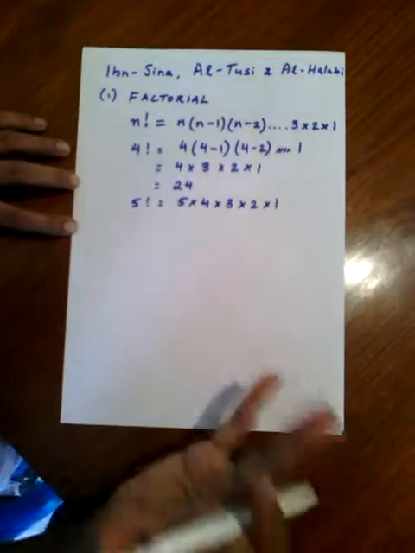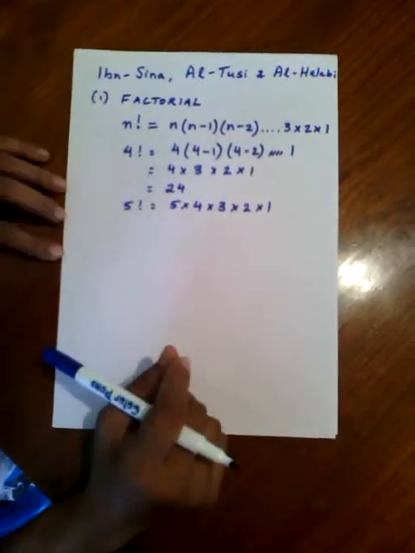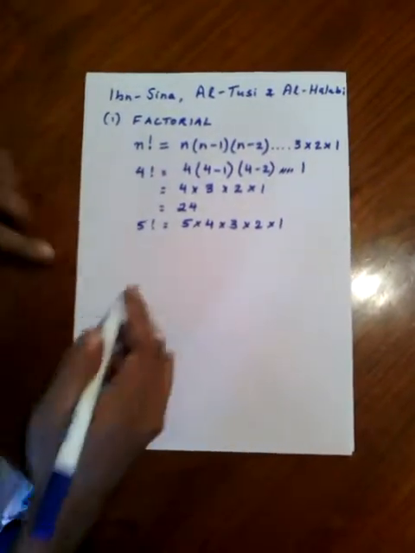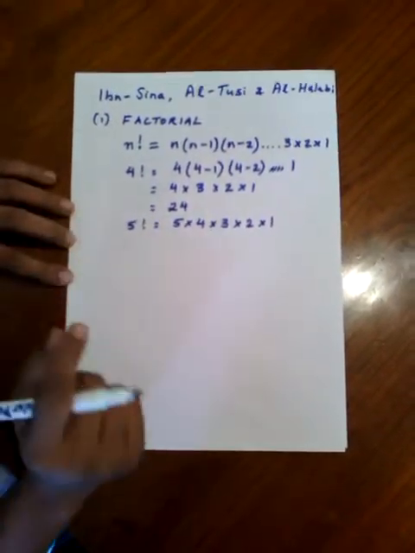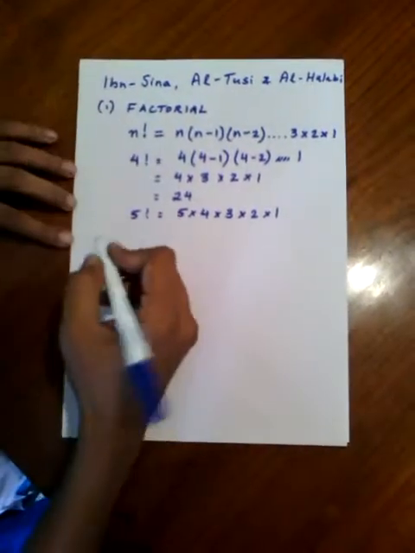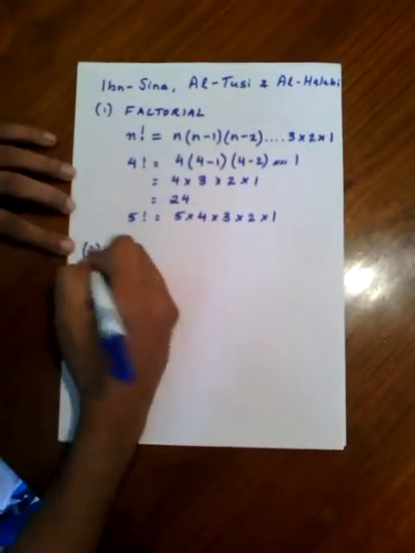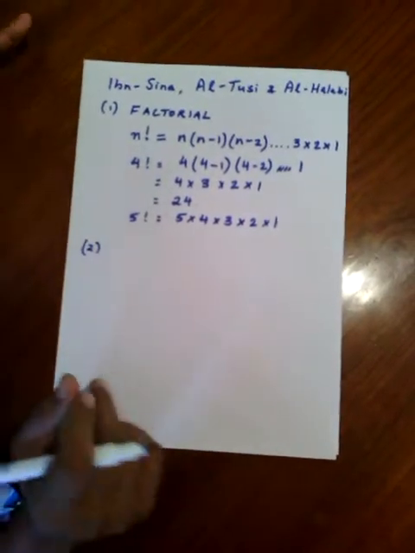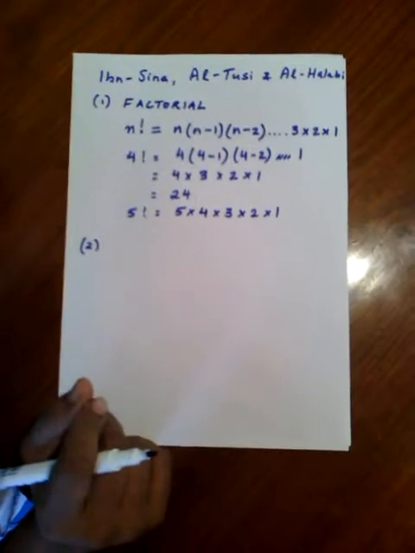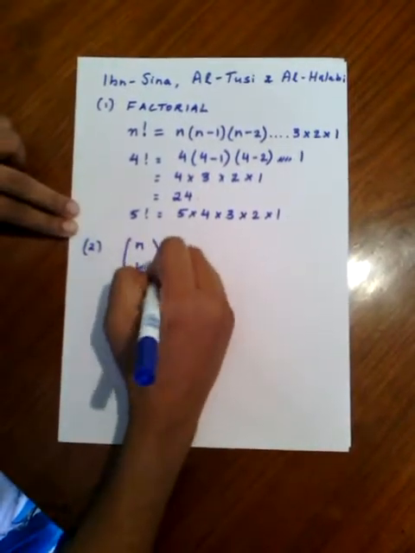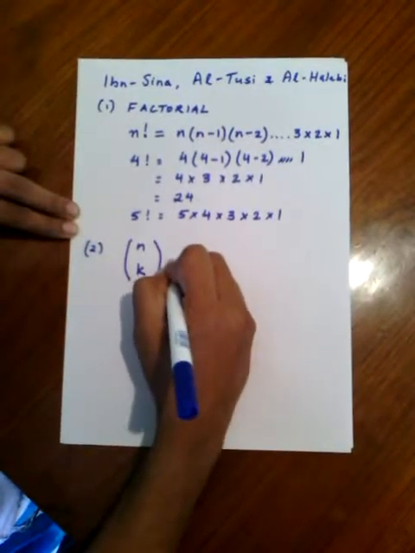So the concept of factorial arises in many places in mathematics, particularly in combinatorics, and some of what shows up in this paper is related to the factorial.